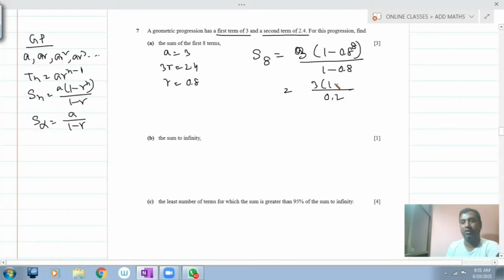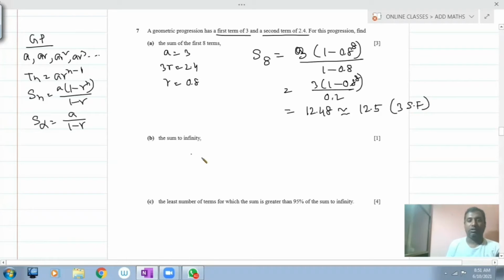Then this will be 3 times (1 minus 0.8 to the power 8). If I use the calculator, we have the answer 12.48, or 12.5. The answer is in 3 SF.